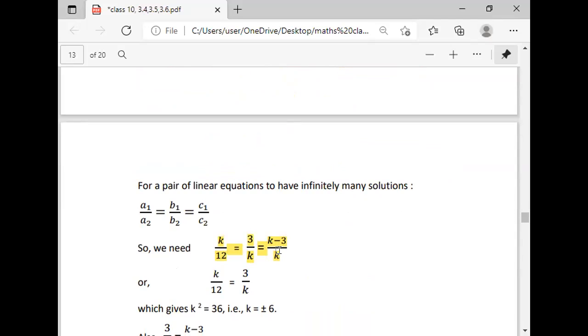Our aim is to find the value of K. For doing that, we are considering the first two terms. K by 12 is equal to 3 by K, and we can see that K squared is equal to 36 and K is equal to plus or minus 6. That's the first condition. K's value can be either plus 6 or minus 6.